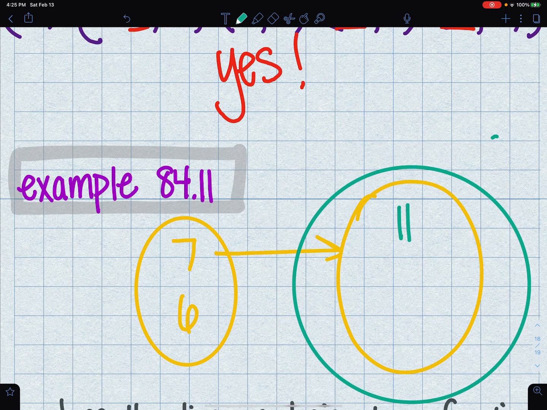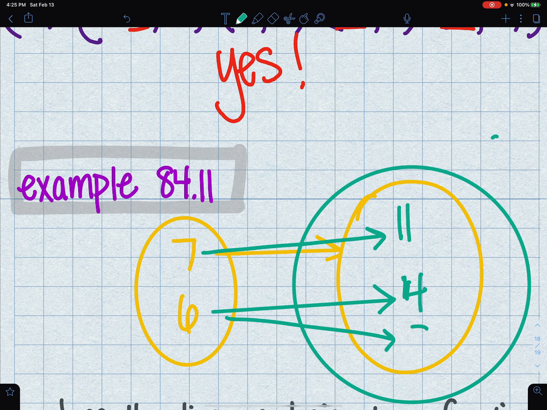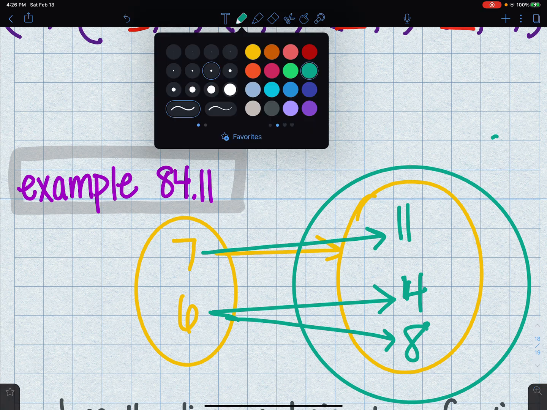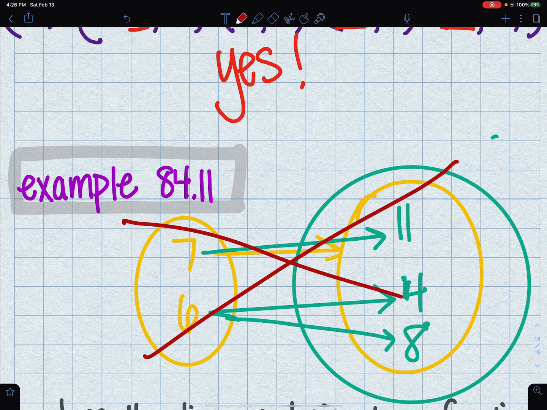If I put in a 7, I get an 11. If I put in a 6, I get a 4, or I get an 8. I already don't like it, because if I put in a 6, the machine chooses for me. I don't get to choose. So this is a no bueno. This is not a function. So I'm going to say no on the function.